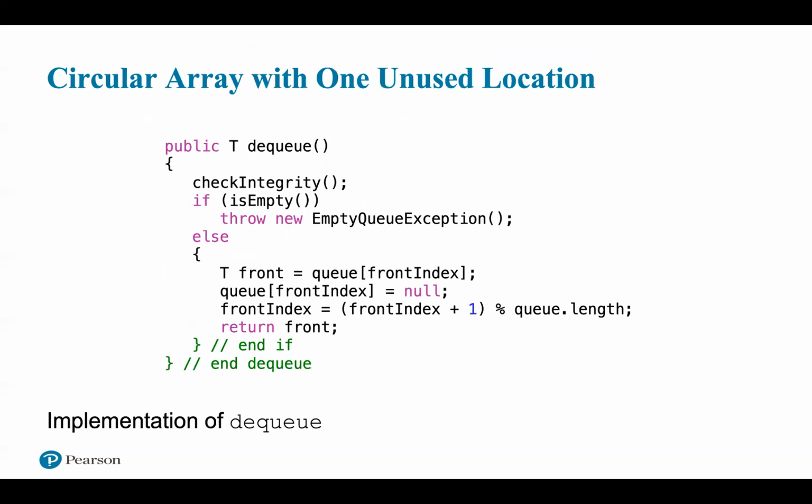So here we have a couple of methods in terms of the implementation of DQ. So we have the front entry. The method get front either returns the array entry at front index or throws an exception if the queue is empty.